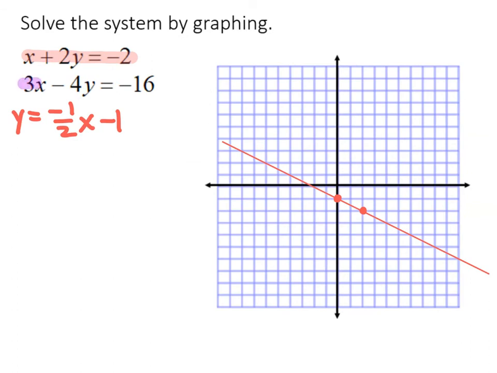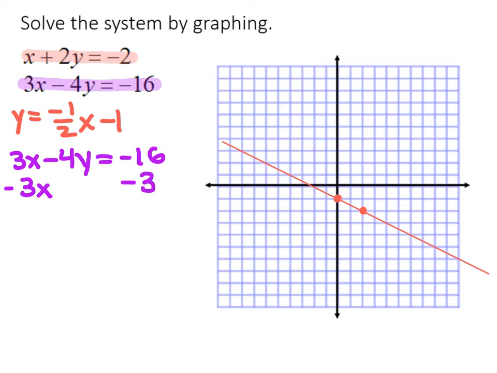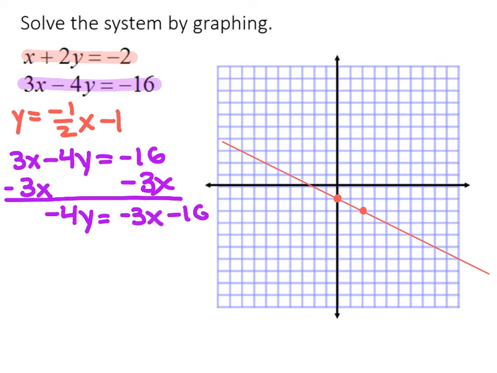Now the other equation is 3x minus 4y equals negative 16. If we want to solve to get y by itself, I first have to move the 3x over by subtracting 3x from both sides. So I'll have negative 4y equals negative 3x minus 16. Then I would divide both sides by negative 4.